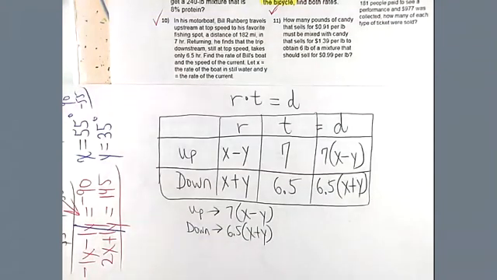Well, our system is incomplete because with a system of equations, we must have these two expressions equal to something. Regardless if Bill went upstream or downstream, the distance both ways was 182 miles. So that's what we set each equation equal to.